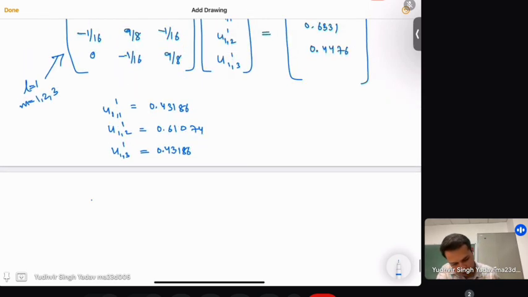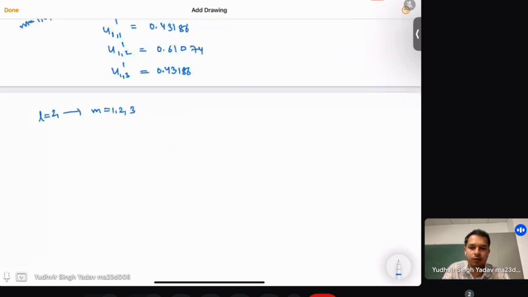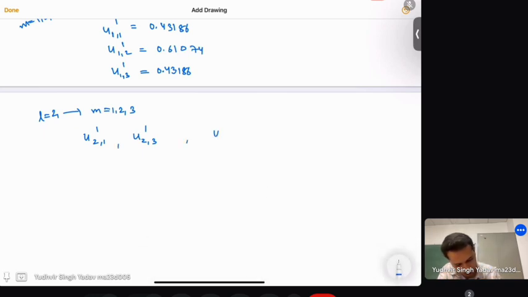Now for the other case, that is when l equals to 2 and m is changed from 1 to 3, I will just write the final solutions. The calculation part you can do, and it won't take much time. You simply need to solve a tridiagonal system of matrices. So it will be u2 comma 1, u2 comma 3, and u2 comma 2.